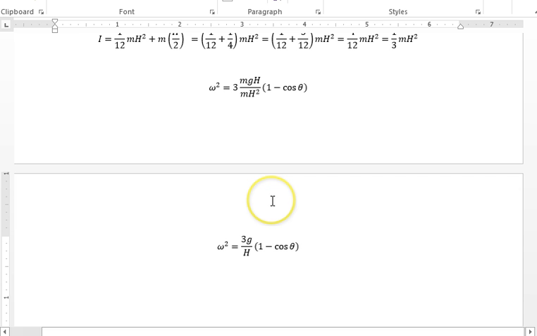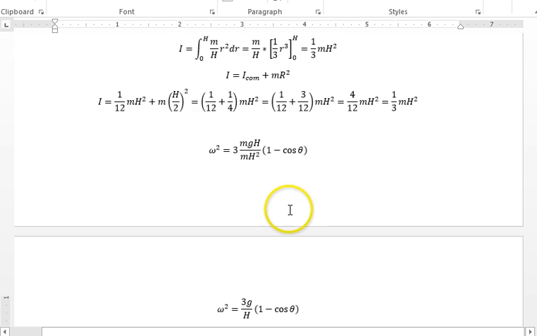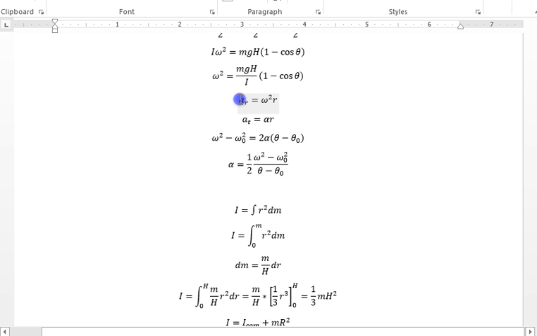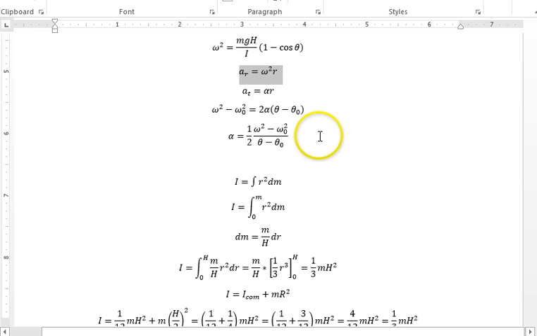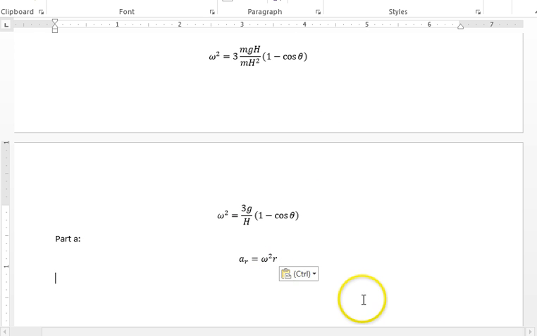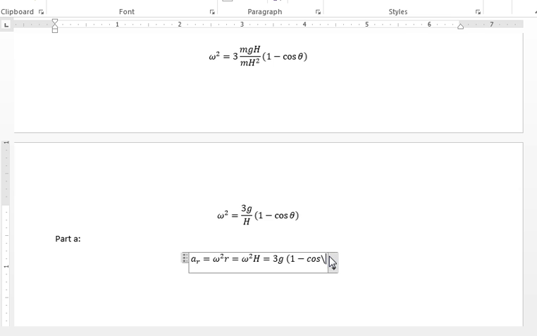Now we're ready to answer part A. a_r is omega squared r. R is h in this case, so this is omega squared h. So that ends up being 3g times 1 minus cosine theta.